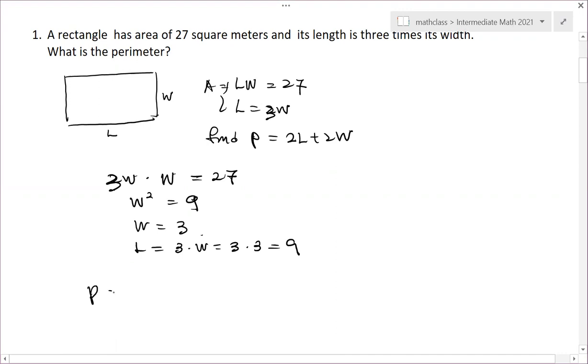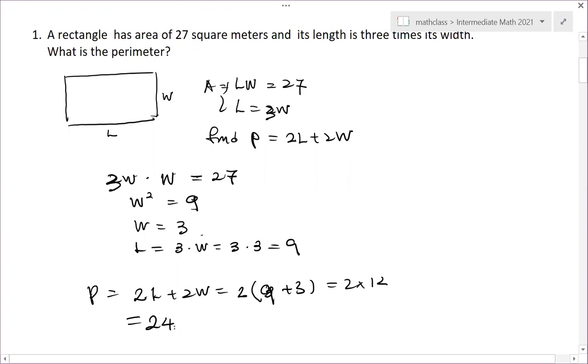The perimeter is going to be 2L plus 2W. You can take 2 out, so 3 is the width and 9 is the length. The sum is 12, and 2 times 12 is going to be 24. Okay, that's the answer.